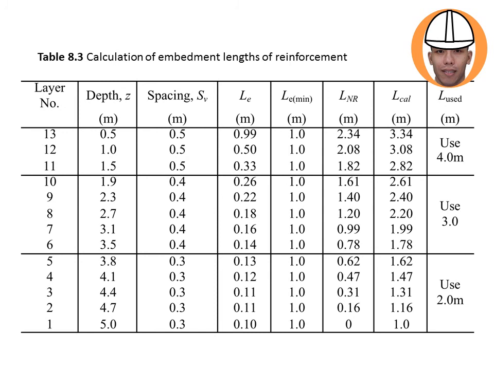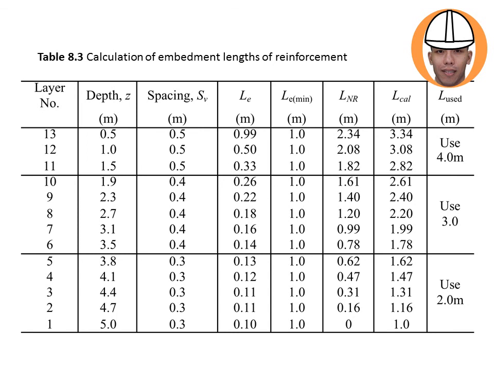So the depth Z is measured from the top, so meaning 0.5, then you add this with this, you get 1, and then you add this with this, and 1.5, you add 0.4, 1.9, you add 0.4 to 0.3, and so on and so forth.